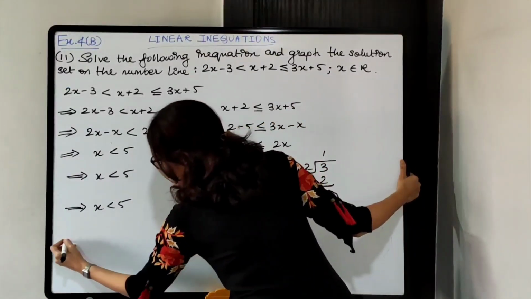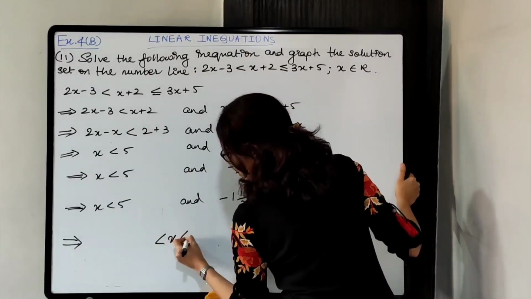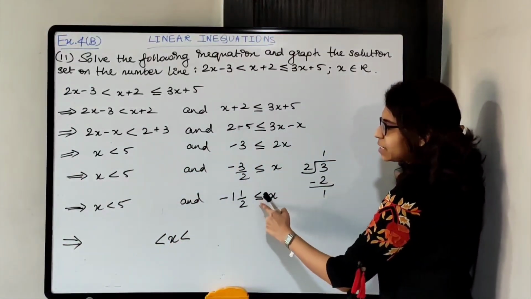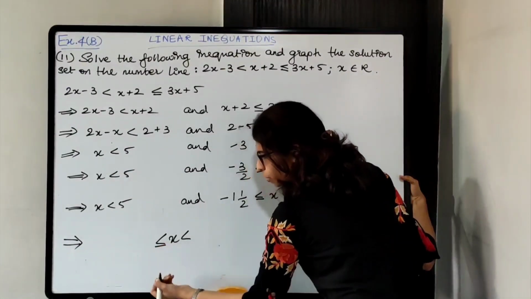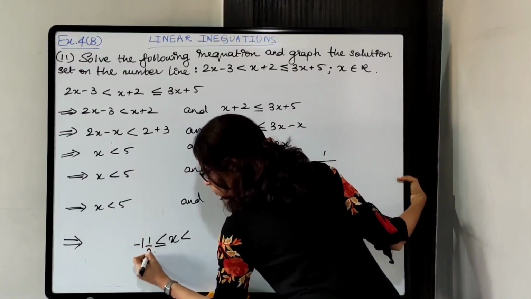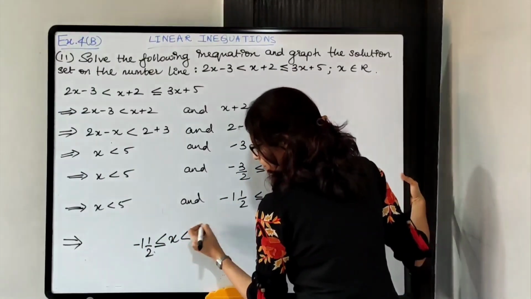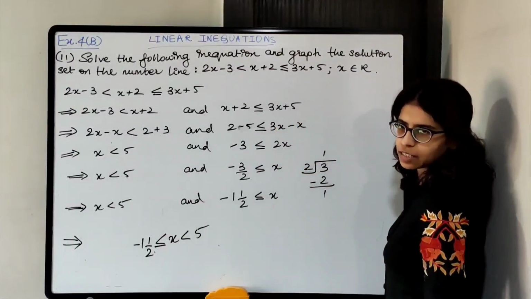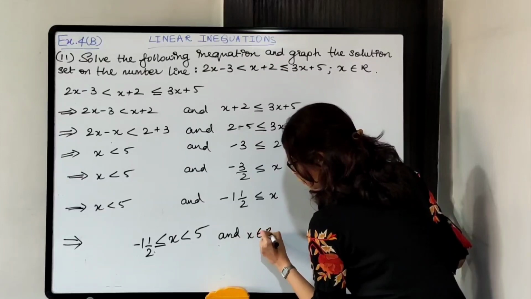So let's combine the range. Okay, what is the range of x? Greater than, less than. x is greater than or equal to minus half. So it is greater than or equal to also, so put the equal to sign also. Less than 5, only less than. Okay, so combining we get this, and x belongs to the set of real numbers.